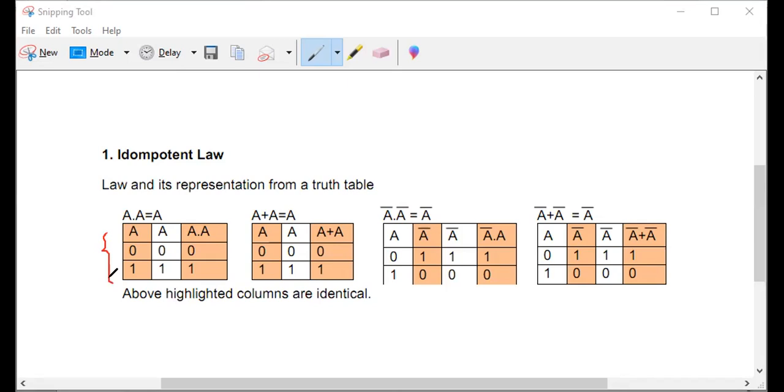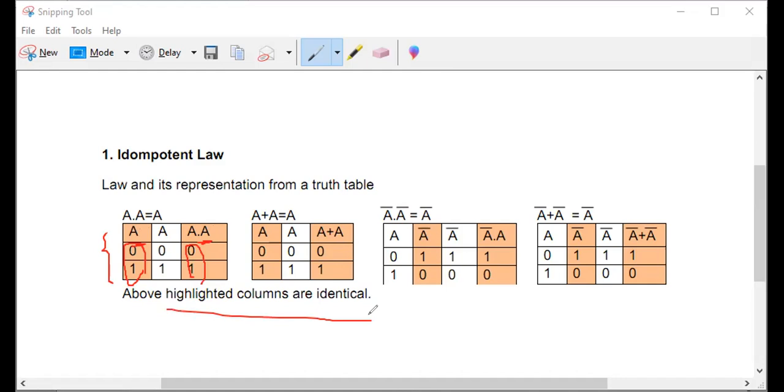Now we know how to draw the truth tables. A dot A means AND gate, you get the same output. When you are drawing this, if you color it, you can understand it better. These two highlighted columns are identical. Because of that, we can say A dot A equals A.